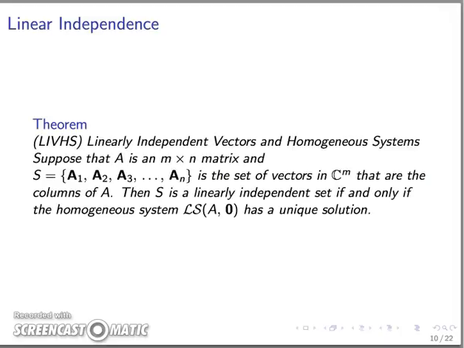So this is stating, consider the homogeneous system that has the matrix A as a matrix of coefficients, and now name the columns of that matrix of coefficients A sub 1, A sub 2, A sub 3, all the way through A sub n. So A is assumed to have n columns. This is true even when A is rectangular, right? In general, the matrix A has m rows and n columns.